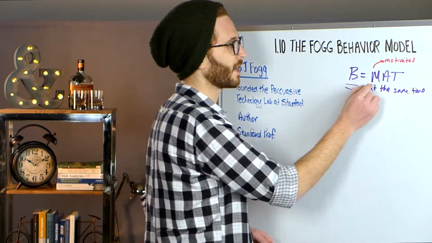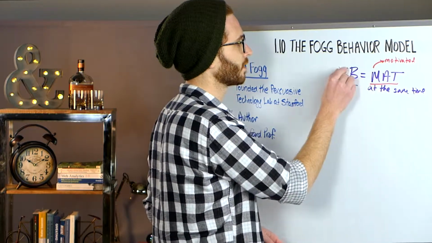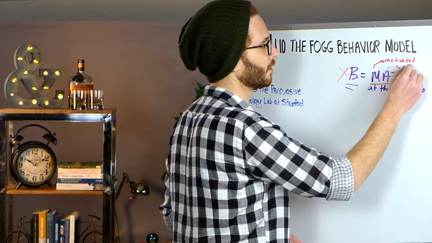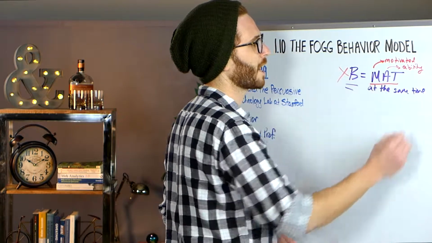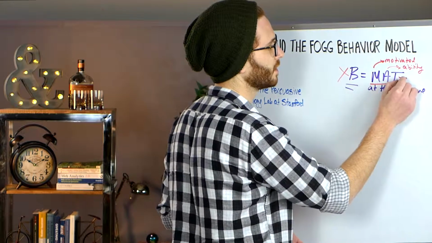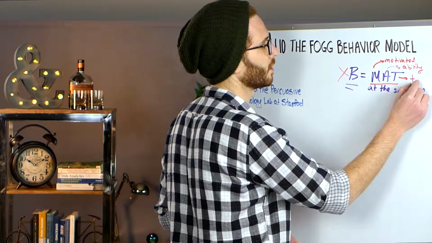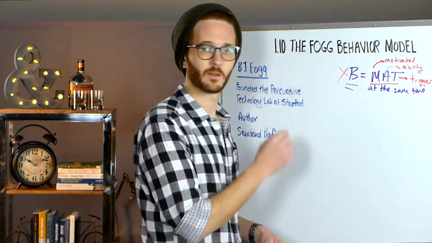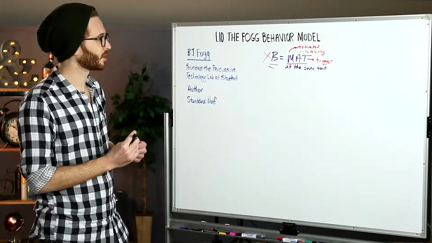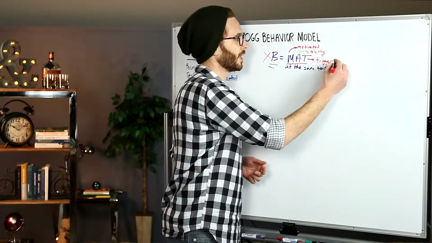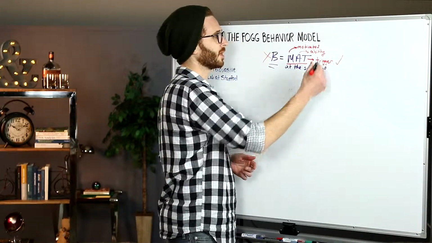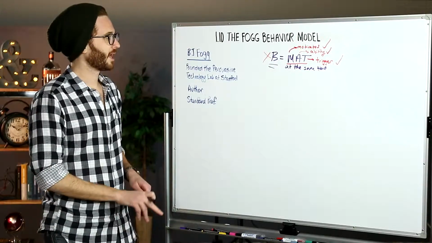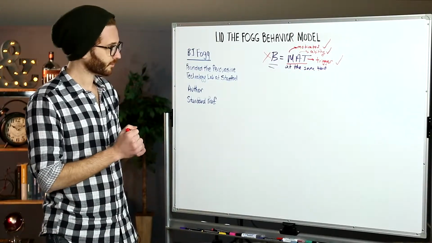If any one of these three elements are missing, there's no behavior. A, you need ability. You need to be able to actually carry out that behavior. T is trigger. Something has to spark or initiate that behavior. In our example, the doorbell was the trigger. And in order for me to get up and answer the door, I need to have the ability and I have to be motivated to actually go and do that behavior.